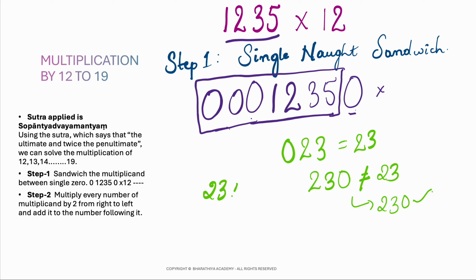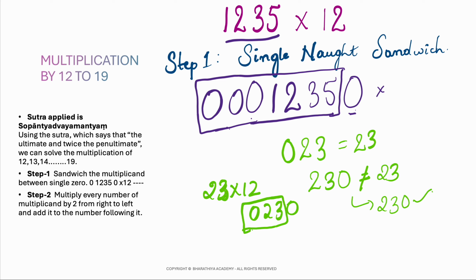So when I say 23 into 12 and I apply my single knot sandwich method, then if I tell you to do something with the multiplicand after applying the method, you should be considering these digits, from the 3, whatever is there in the units place.